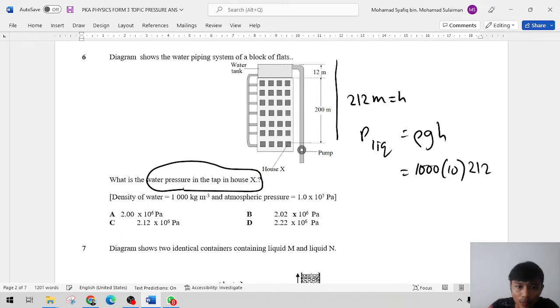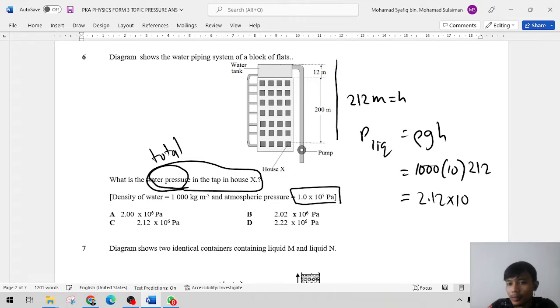Right, so we want to find the water pressure. Okay, if you want to find the total pressure, we need to add 1 times 10 to the power of 5 Pascal. In this case, we don't have to add because we want to find water pressure only. So this will give us the answer 2.12 times 10 to the power of 6 Pascal. Okay, so the answer is C.